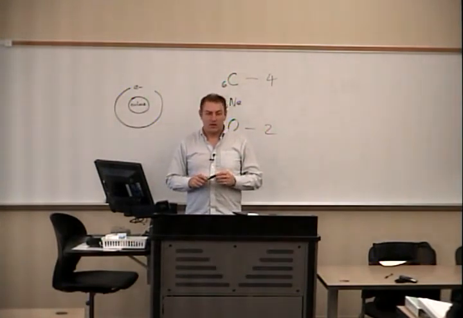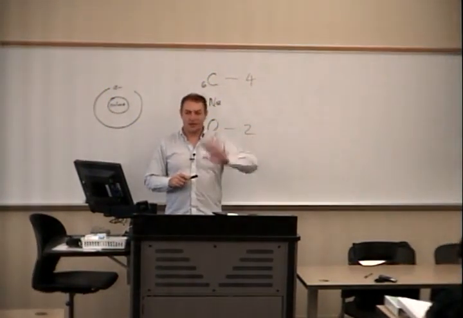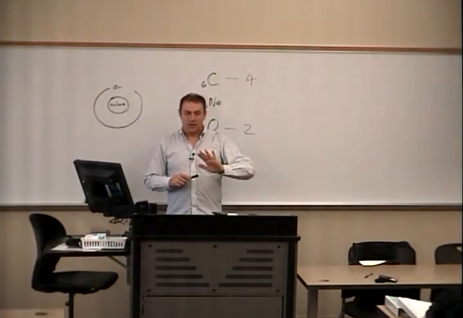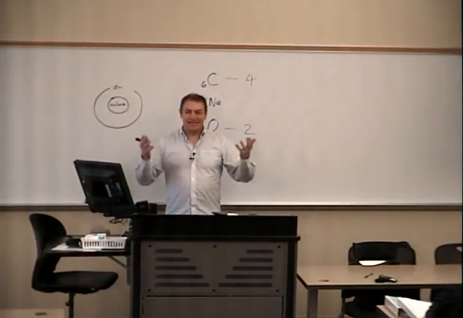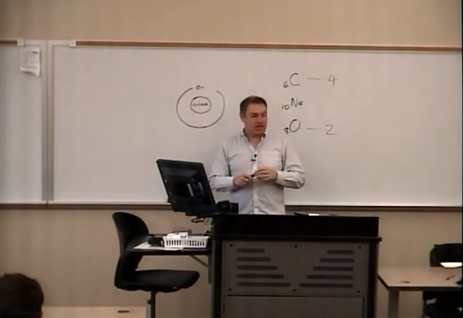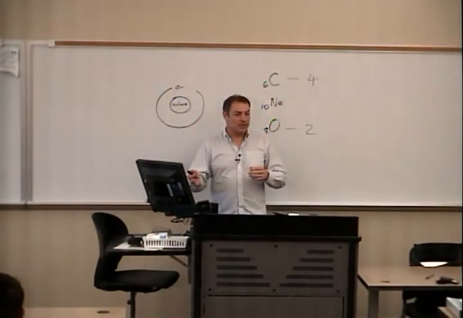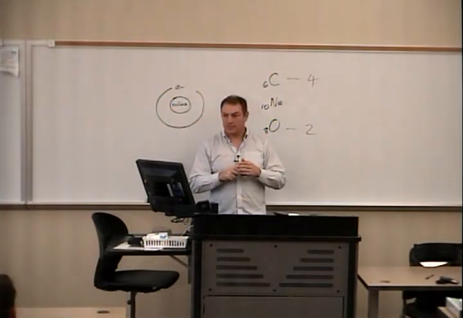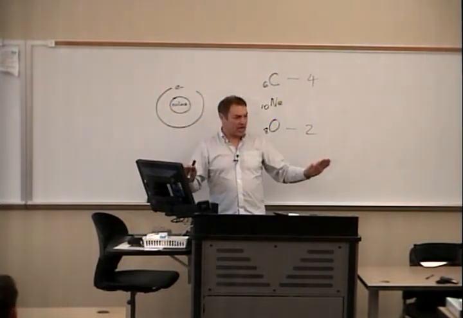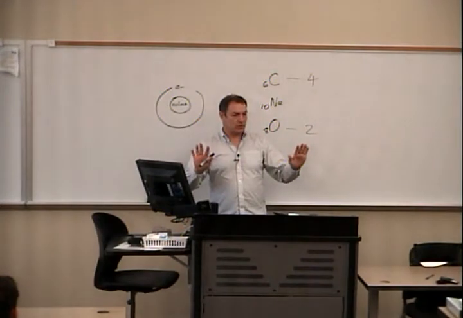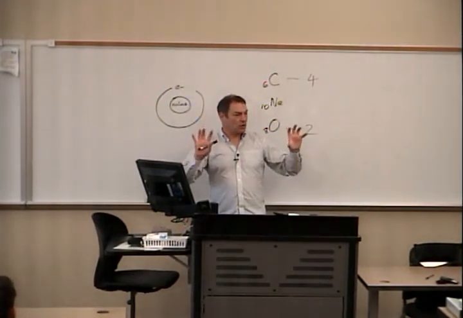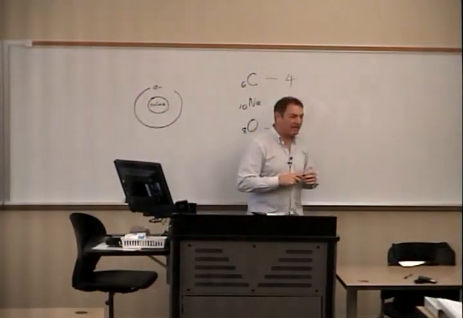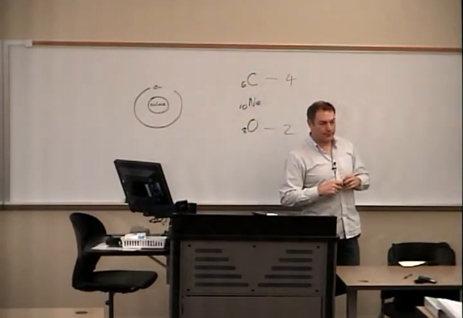Now, whenever you share or transfer electrons, I wouldn't say the goal is, but I'm going to say that the goal or the end result is that both atoms have full outer shells. So when you share or transfer electrons in a chemical bond, the end result is that the atoms involved have full outer shells.